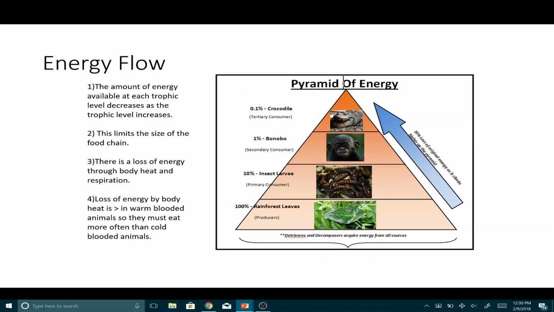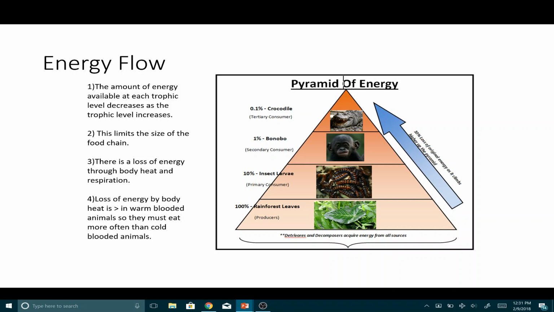All right. Energy flow. So the amount of energy available at each trophic level is actually going to decrease as the trophic level increases. And so the amount of energy is 100% here with the rainforest leaves.